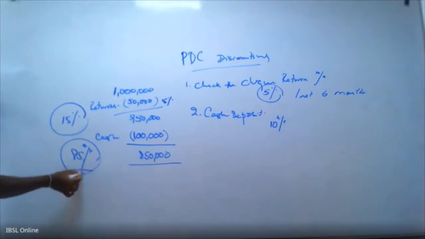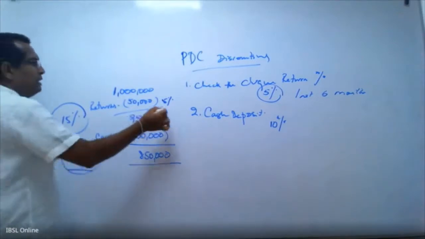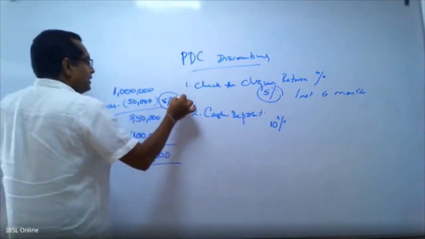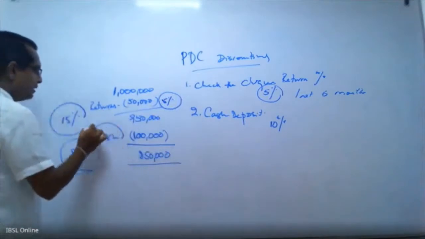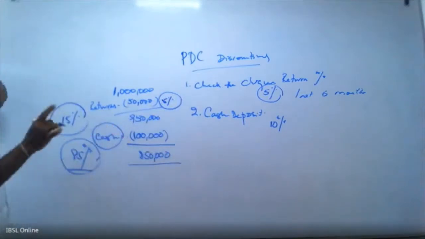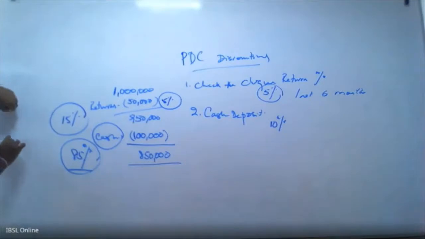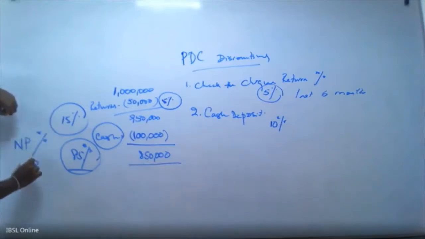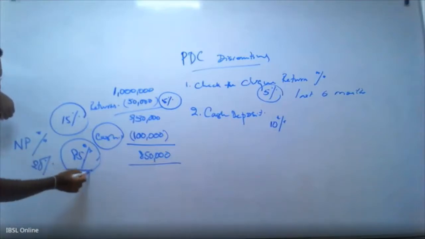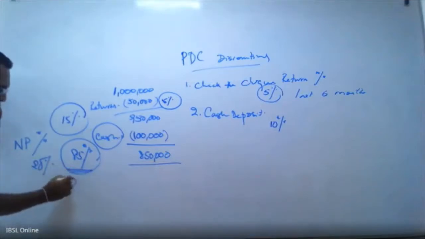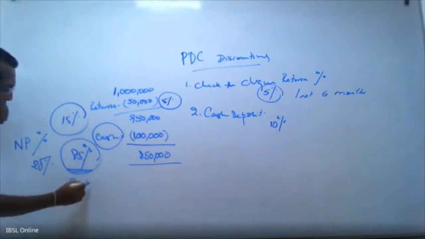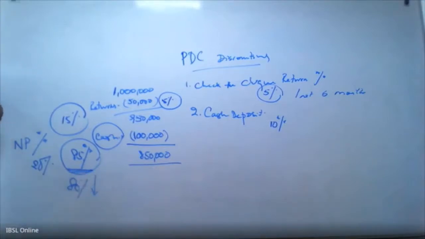When we decide the discounting percentage using the average check return percentage and the security percentage, we will look at net profit percentage as well. If the net profit percentage is 20%, we will not give 85%. We will give 80% or less.